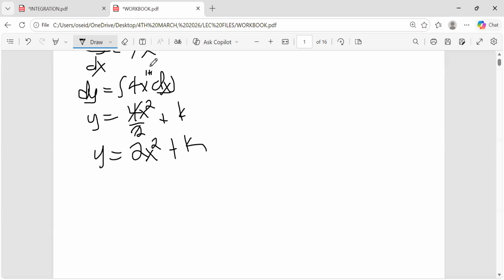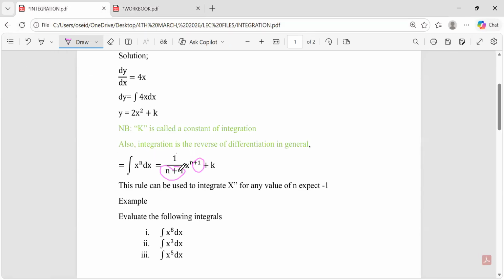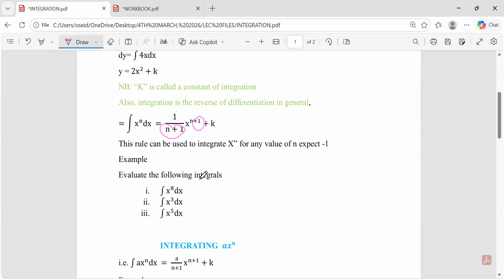Then we divided by the new power, which is 2, so 4 over 2. When we divided, we had 2x squared plus k. It's the same as the rule.